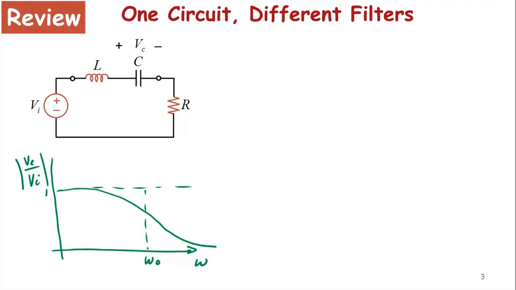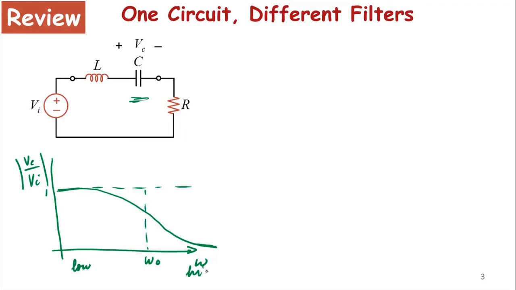Recall the way we got that very quickly was by looking at extreme case behavior of the circuit. For example, for very low frequencies, the capacitor would behave like an open circuit, and so the input would fall pretty much across the capacitor. However, for very high frequencies, the capacitor would behave like a short circuit, and so there would be very little drop across the capacitor, and therefore the voltage would be pretty low.